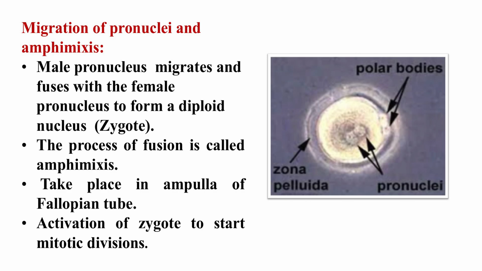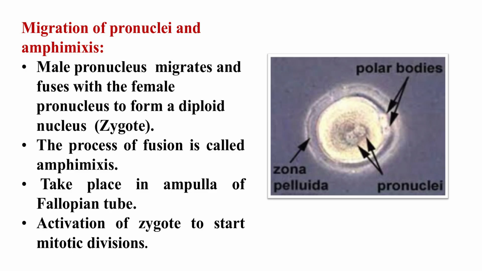Then we have a male pronucleus and a female pronucleus. These two will mix together, and this process of mixing of male and female pronuclei is called amphimixis. This amphimixis will produce a diploid zygote and it will take place in the ampullary region of the fallopian tube.